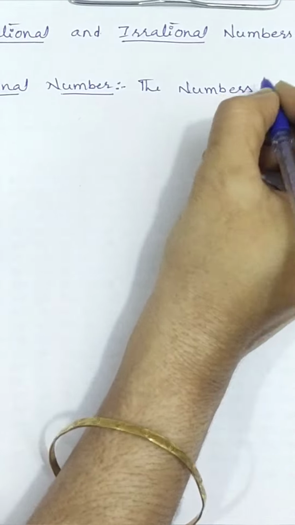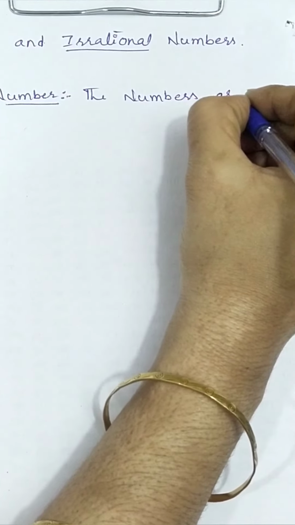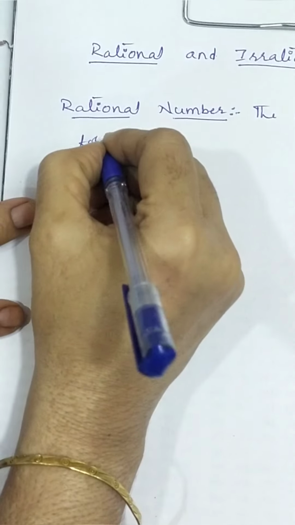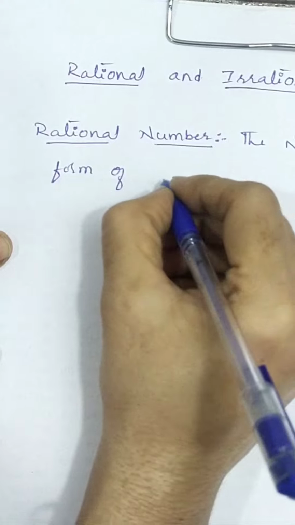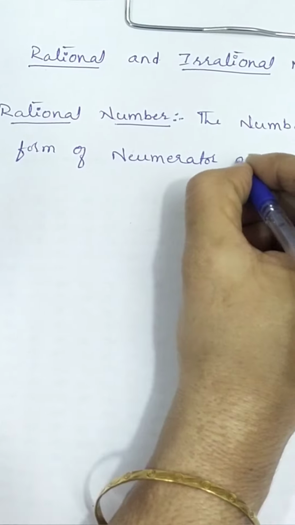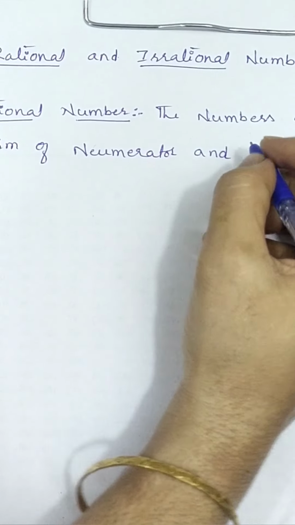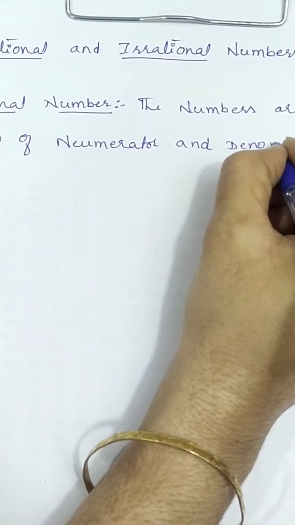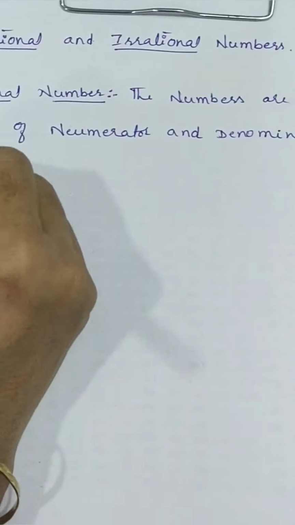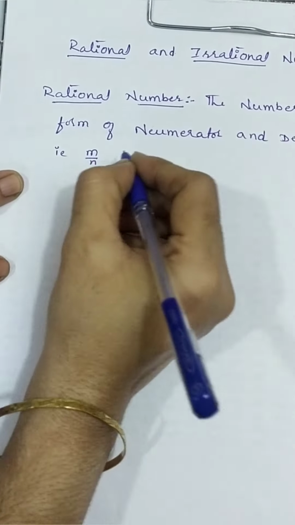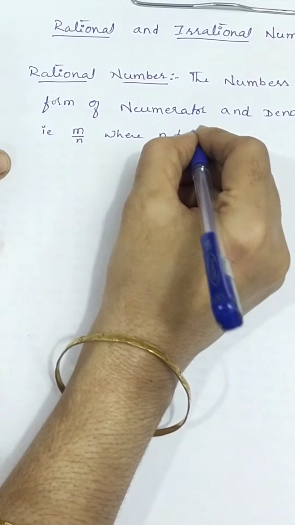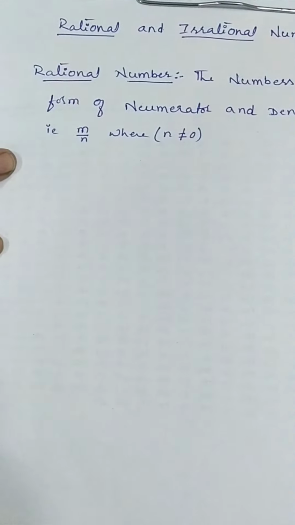The numbers are in the form of numerator and denominator, that is m upon n, where n is not equal to 0, the denominator should not be 0.